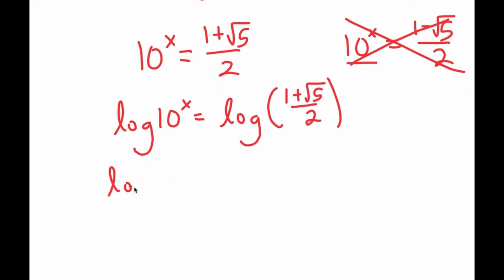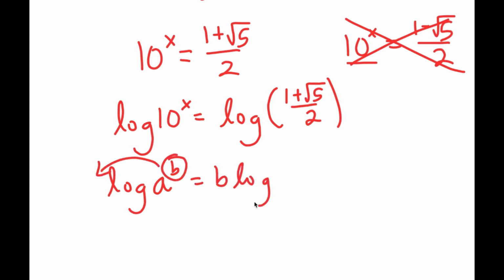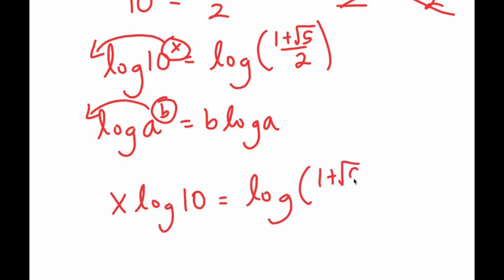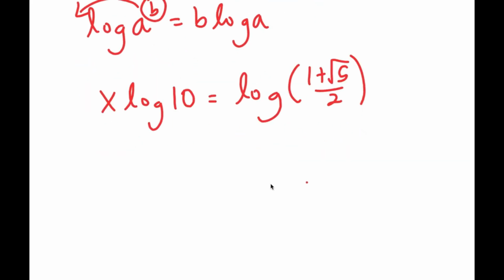And if I have something in the form log a to the power of b, I can move the exponent b to the front, so this turns into b times log a. So now I have log 10 to the power of x, which I can move x to the front, so I get x times log 10 is equal to log of 1 plus the square root of 5 over 2.